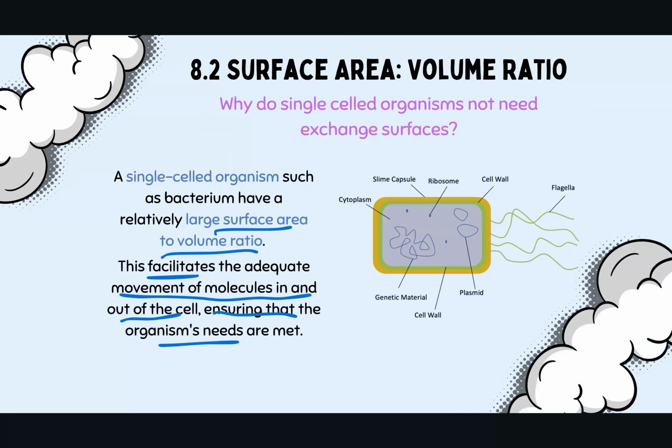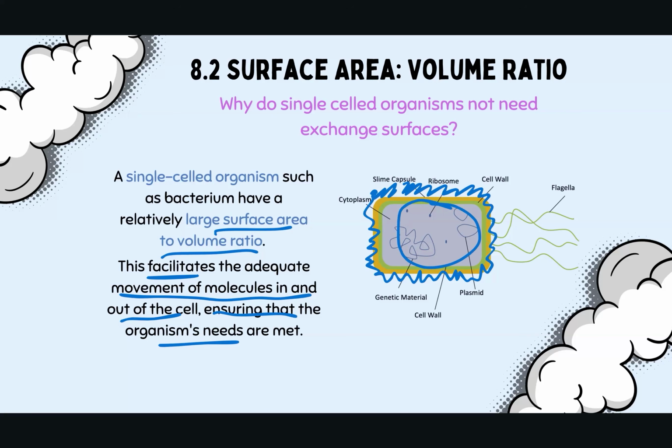Now, if you've got something like bacteria, it's got a very big surface area. It's got all of that surface there to absorb all the nutrients it requires. And that's enough of a surface to fulfill that internal area.